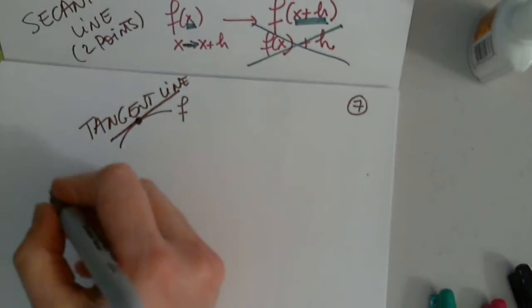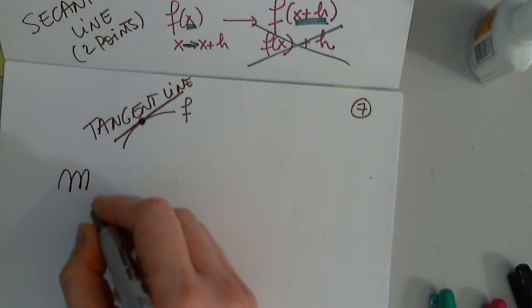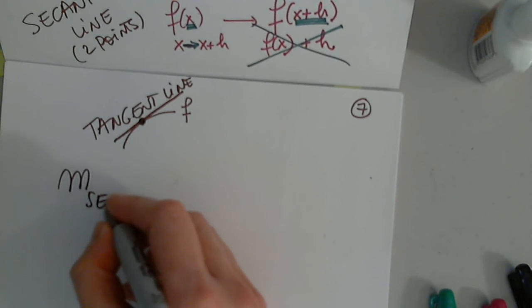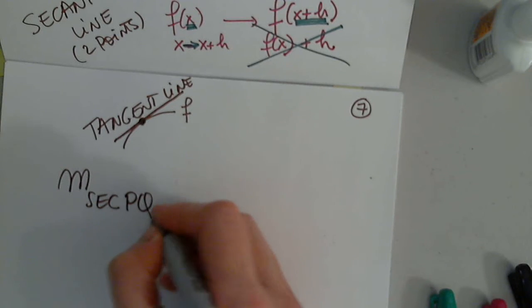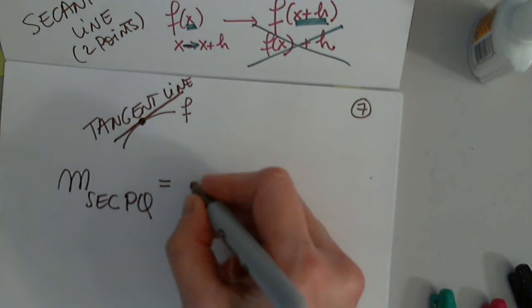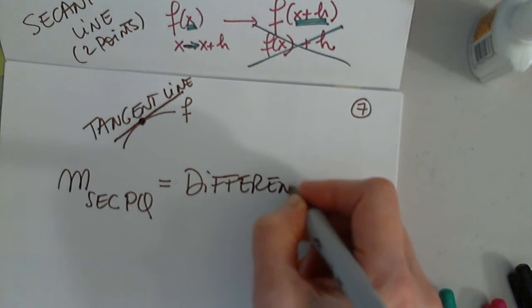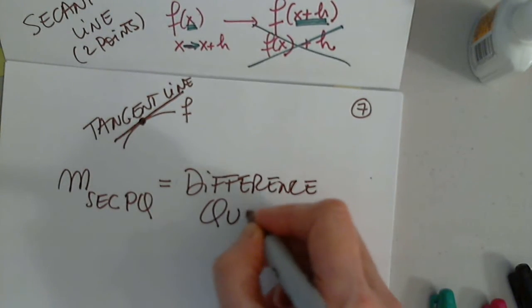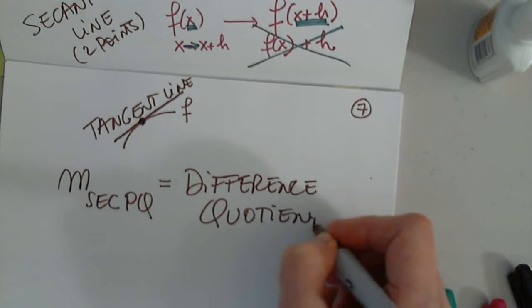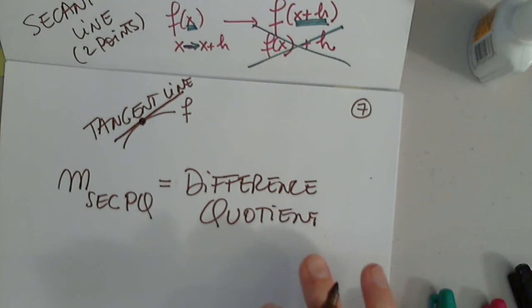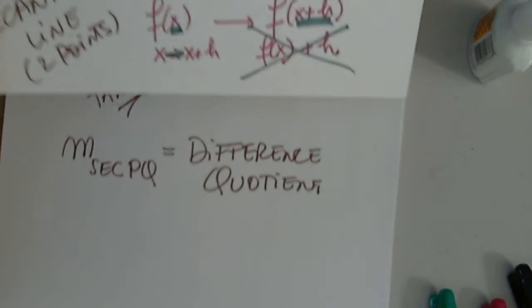All we want to determine right now is the slope of the secant line PQ. That is the difference quotient. We will write the meaning of it in a moment, but let's just determine it.